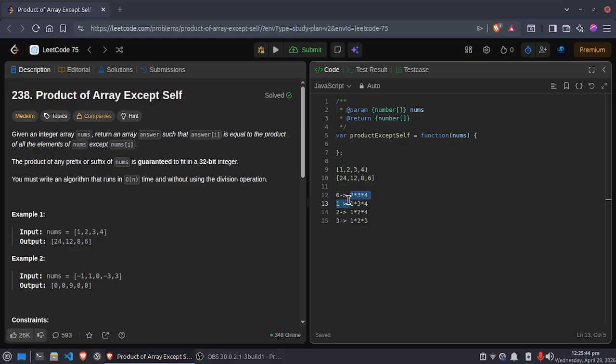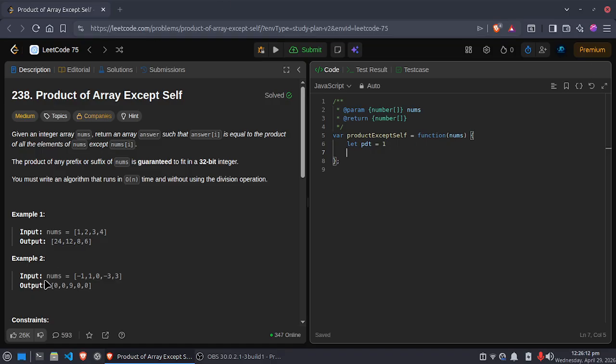We can optimize by calculating the complete product first and then dividing by nums of i, and that approach is division plus zero handling. In this approach we first calculate the total product. Let product equal to 1. First we calculate the product here, and also we have to handle the zero count.